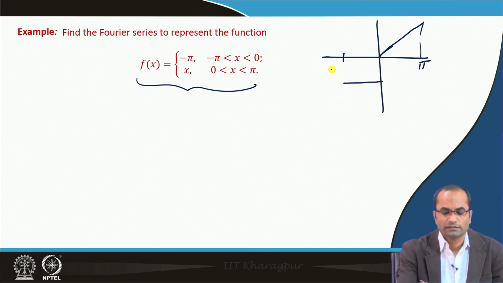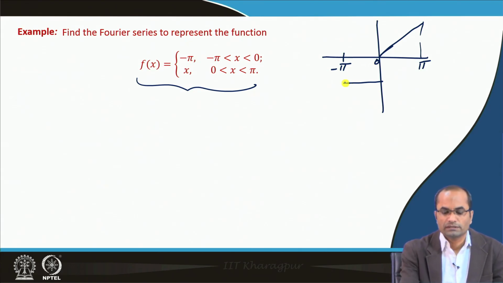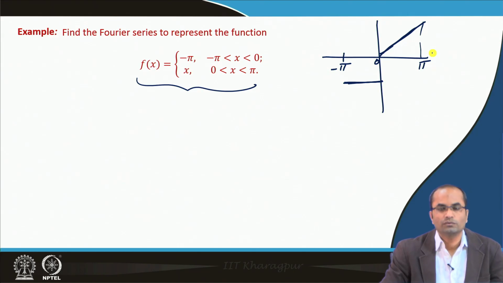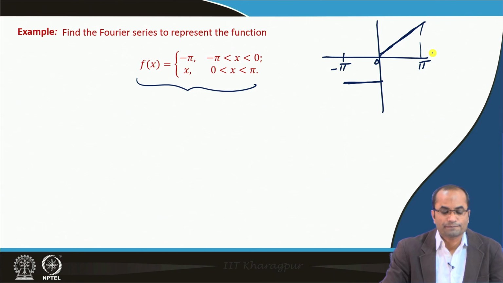So, this is pi, this is minus pi. That is the given function: from minus pi to 0 it is represented by minus pi, and then the function is given by x in the range 0 to pi. So, it is a piecewise continuous function, and we want to write its Fourier series.